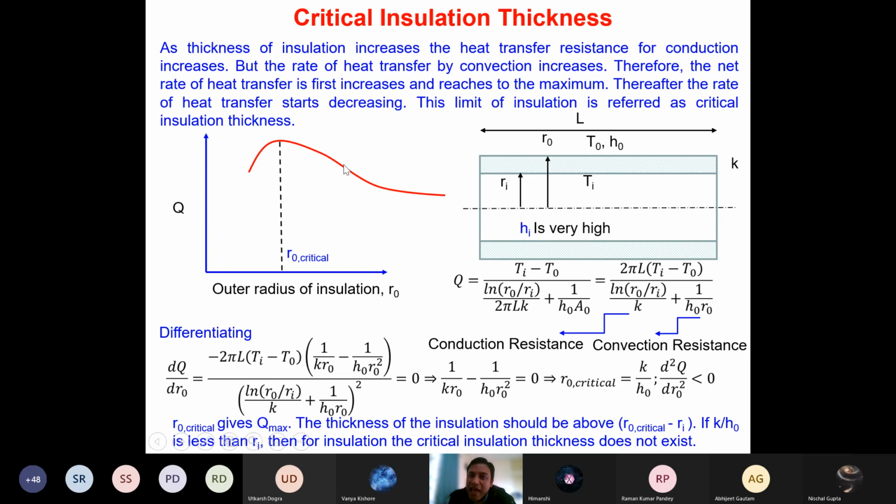But as we further increase the thickness of the insulation, you will see that the heat transfer first increases and then starts decreasing.